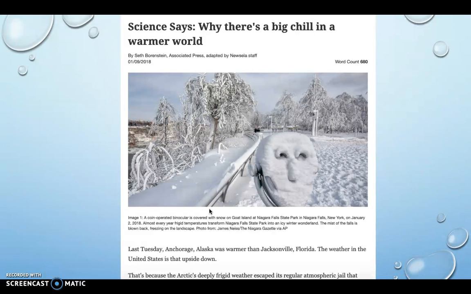Jason Furtado, a meteorology professor at the University of Oklahoma, is quoted in the article saying that climate change hasn't made the polar vortex more extreme, but it probably is making it move more, which makes the weather seem more extreme. Borenstein includes a great quote from Furtado at the end that I want to share with you now.